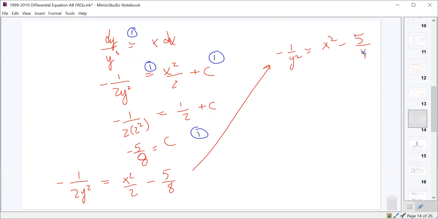If you want to get a common denominator, you can, or you can just write this as 1 over x squared minus 5/4.